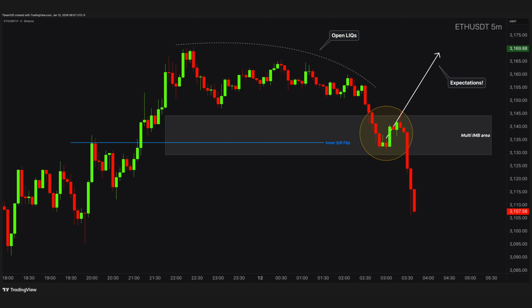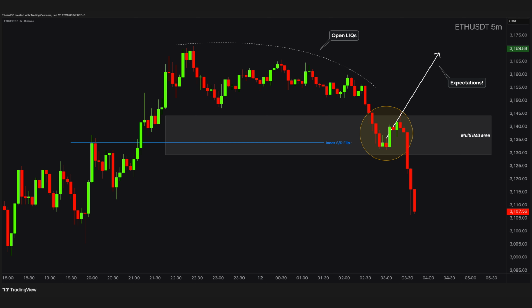But now let's slow down and talk about the inner trend on this chart, specifically the 5-minute trend. If you look over the left side, you can see we were in a clean uptrend, pushing higher and making higher highs, and taking out the previous highs step by step.